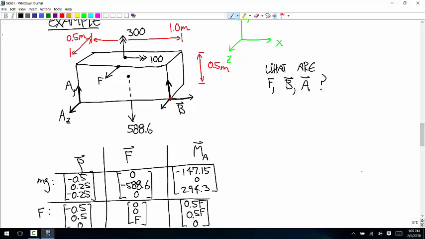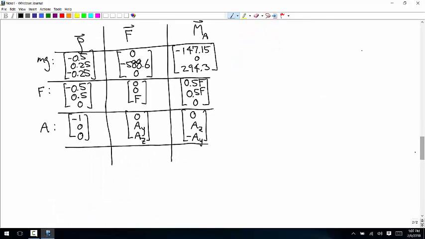And then the force at B, that's at the about point, so no row vector. All three components of the force, and the moment is 0.